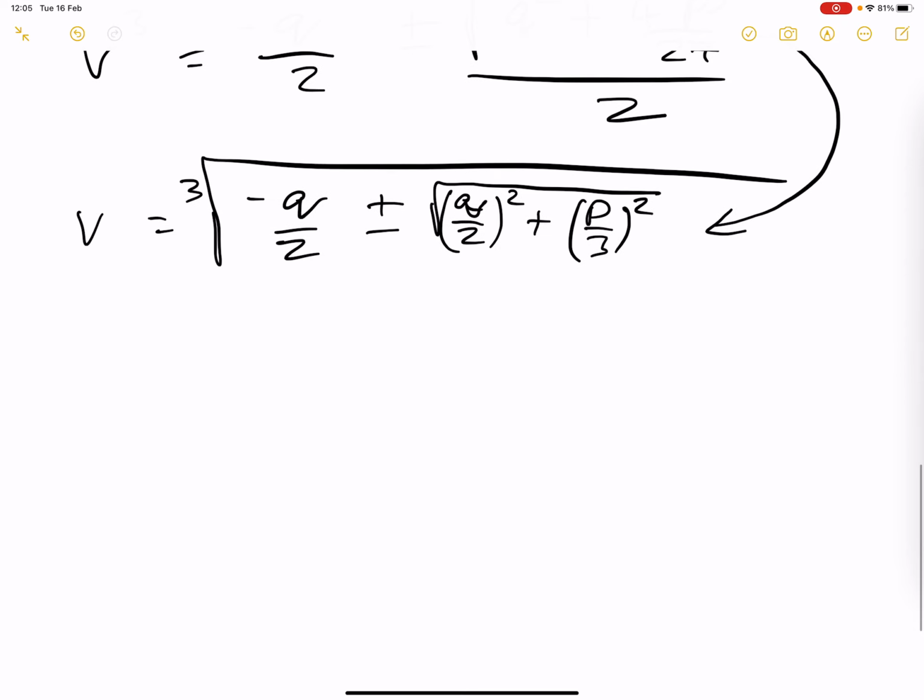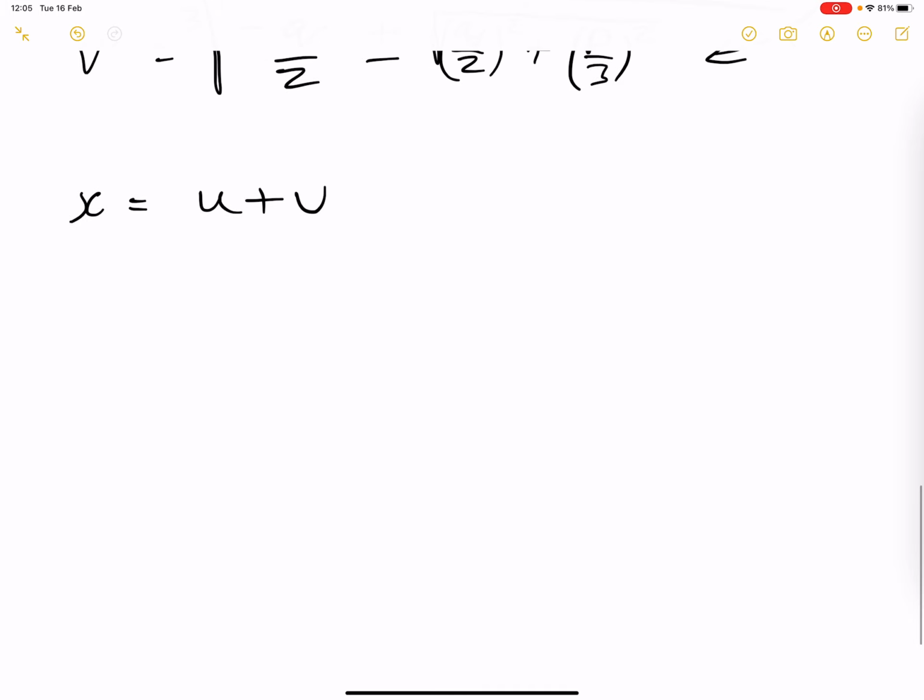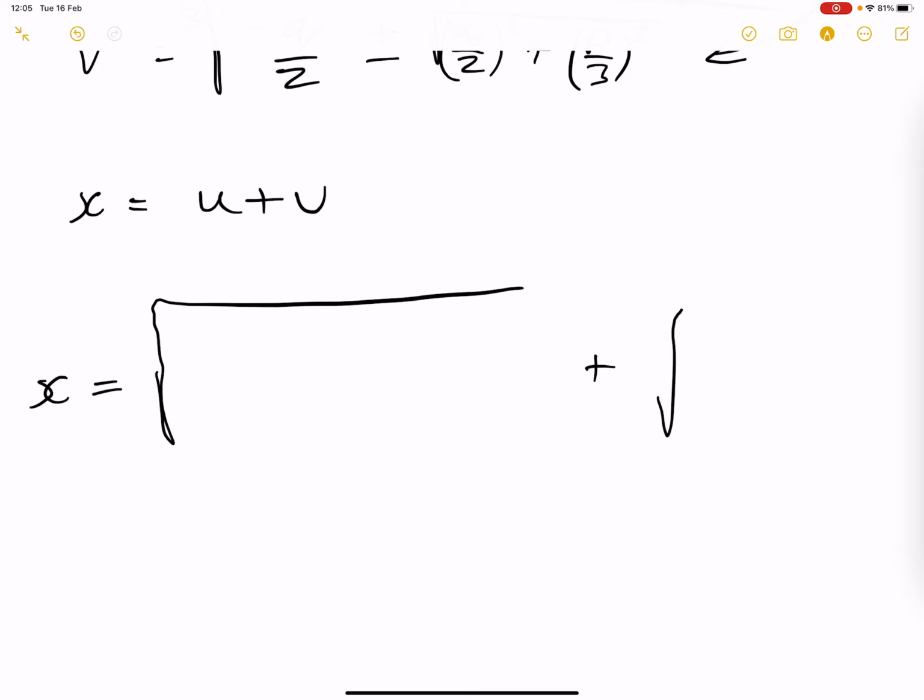And now, because we know that x is equal to u plus v, and v is just the conjugate of u, we can then say that x is equal to the sum of 2 cube roots. So the sum of, let's see if I can actually fit this in, minus q over 2 plus, that's important because we have a minus in this one because it's the conjugate. Don't ask me why.